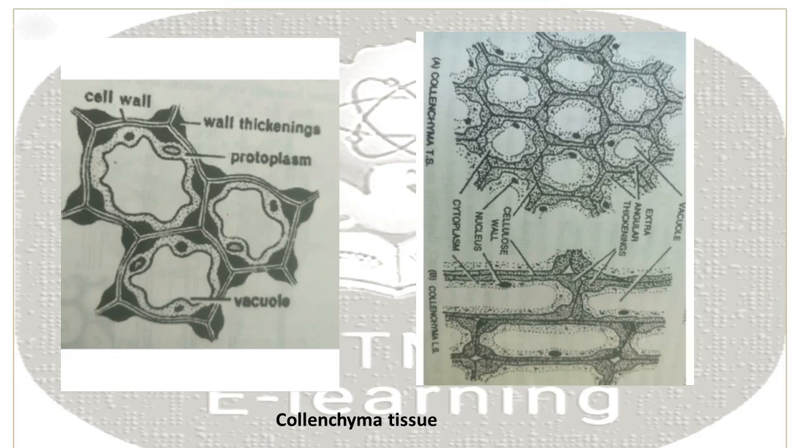Now, in the second figure, TS and LS of Collenchyma cells are depicted. In this figure, we can clearly see the vacuole, extra angular thickening, cellulose wall, nucleus and cytoplasm. This is the diagrammatic representation of Collenchyma.